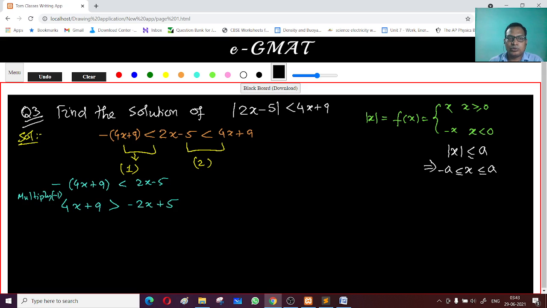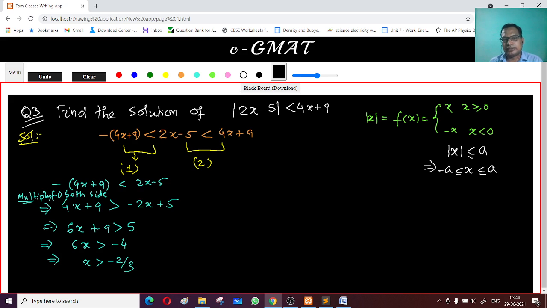Now I will add 2x on both sides, so it becomes 6x plus 9 greater than 5. Now I subtract 9 on both sides, so it becomes 6x greater than minus 4. So x is greater than minus 2 by 3, right? So this is the first set of solutions from the first inequality.